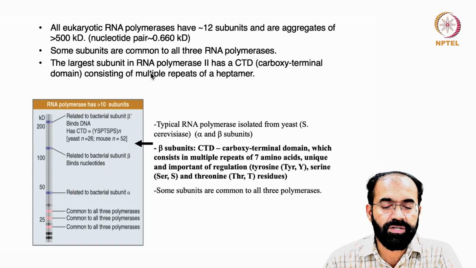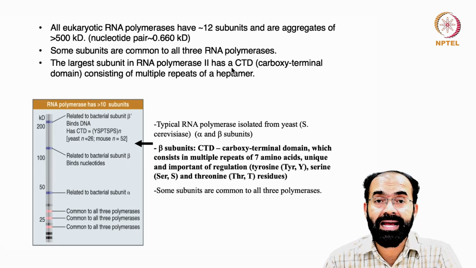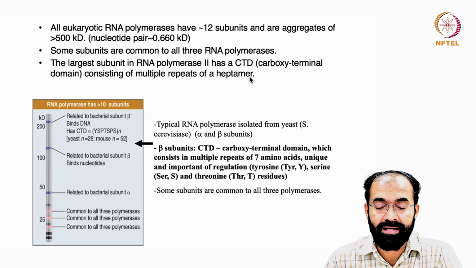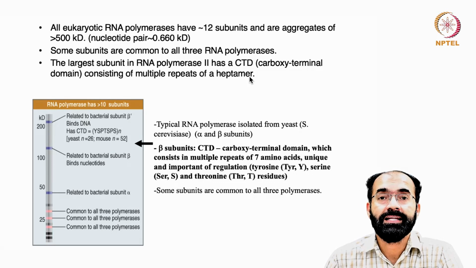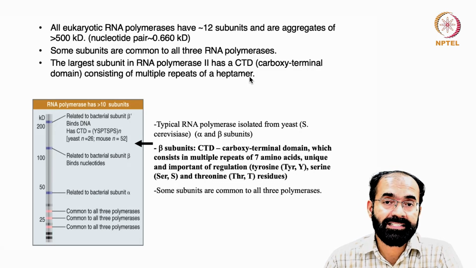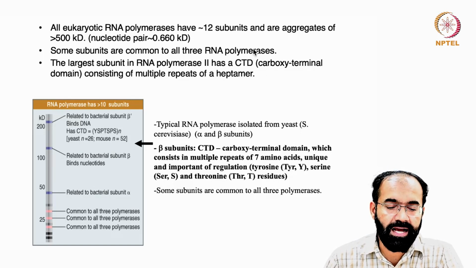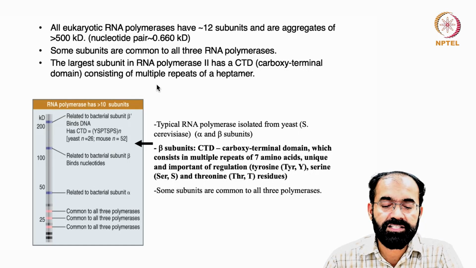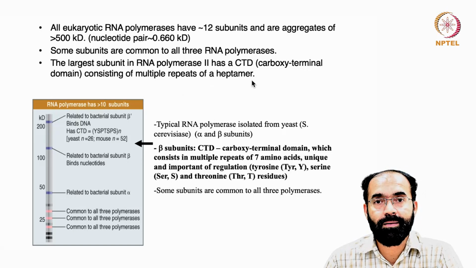The largest subunit in RNA polymerase II has a C-terminal domain, and we were talking about the kinase action onto the C-terminal domain for the initiation or the movement of the transcription. So the carboxy terminal domain consists of several repeat elements of a heptamer.